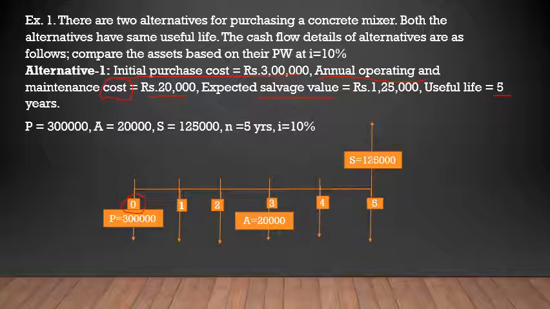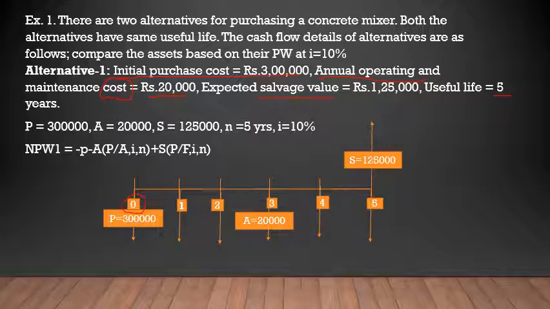Now what is required is every cash flow must be converted into its P. Okay, let us do that. What is the net present worth 1? Minus P. This is what is there.